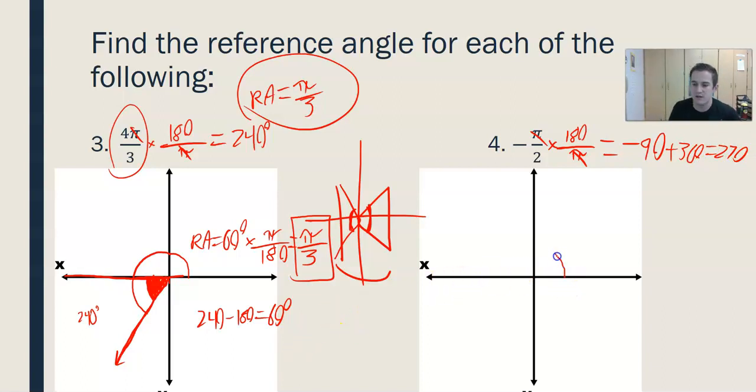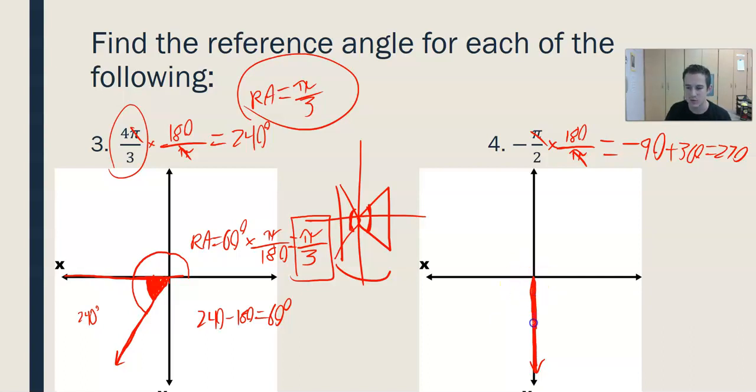I'm going to start here, go 90, 180, 270. I have an interesting situation here. I have an angle all the way up to 270 degrees. So my reference angle is the angle written between this terminal side and the shortest distance to the x-axis.